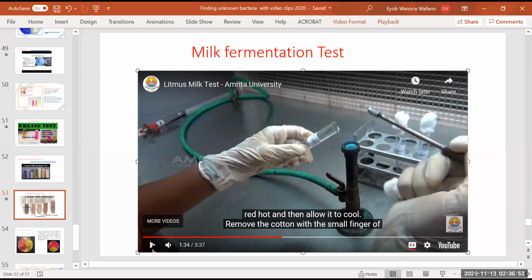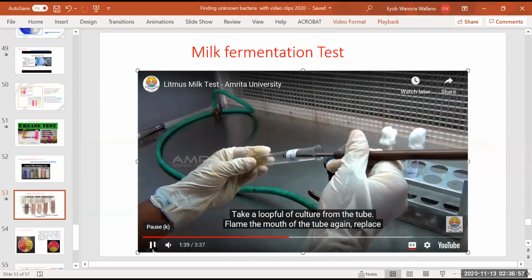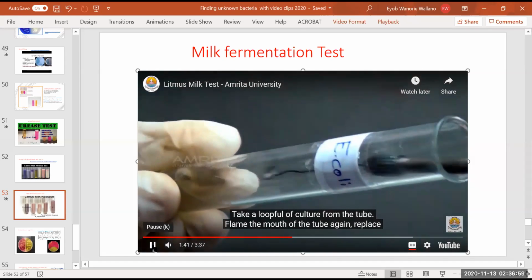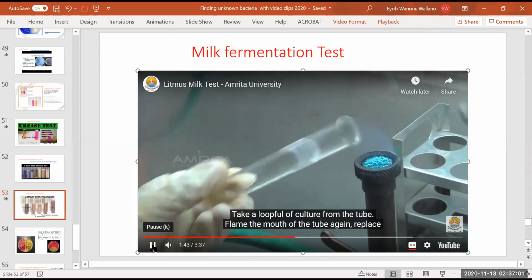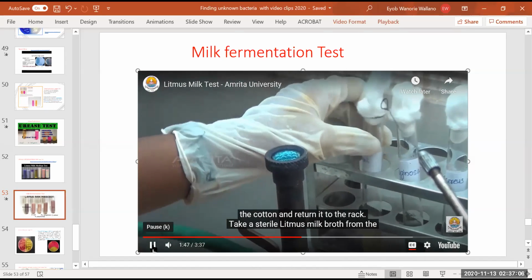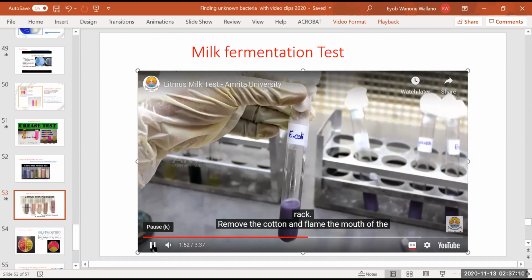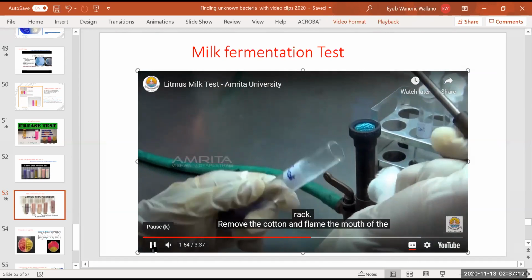Flame the mouth of the tube. Take a loopful of culture from the tube. Flame the mouth of the tube again. Replace the cotton and return it to the rack. Take a sterile litmus milk broth from the rack. Remove the cotton and flame the mouth of the tube.